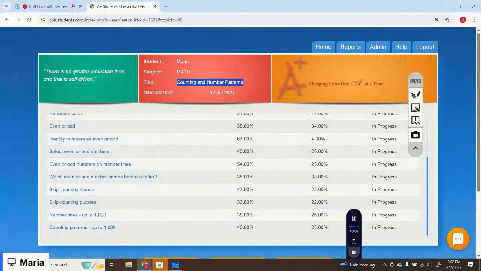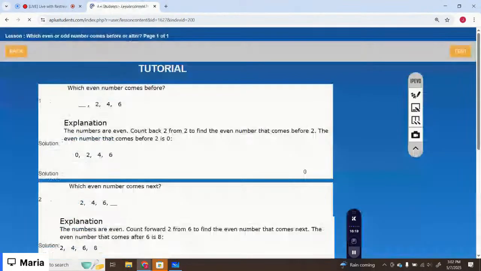The chapter we are on right now is counting and number patterns. Let's start with the lesson which even or odd number comes before or after. The even number that is before 2, you need to count back 2, right?